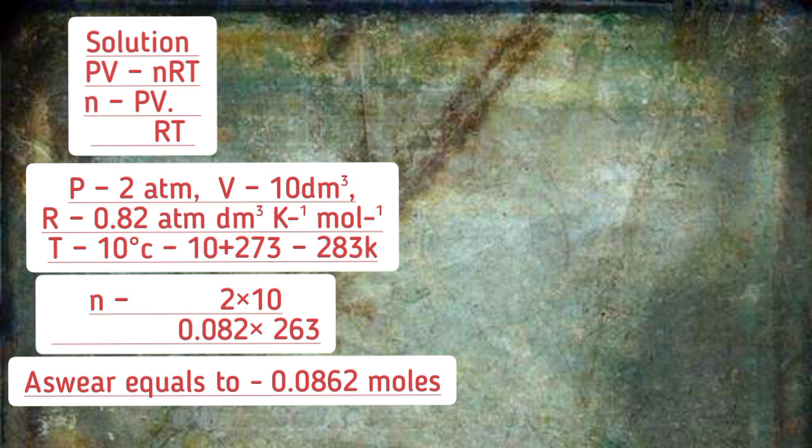Then making n the subject of the formula, we divide both sides by RT. So that's what we did here. The value we get is n equals PV all over RT, where P is 2 atm, V is 10 dm cube, R is 0.082, that's the normal value, the constant. Then T is 10 degrees centigrade; you add 273 to convert it to Kelvin.